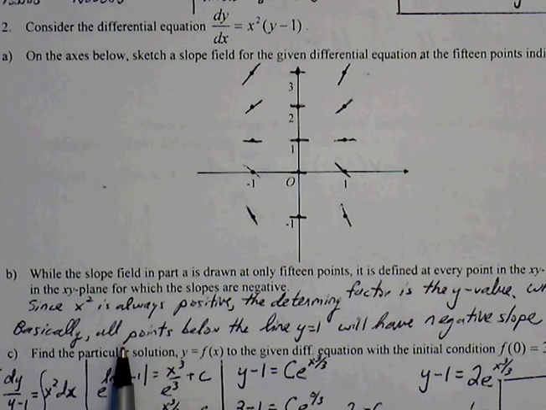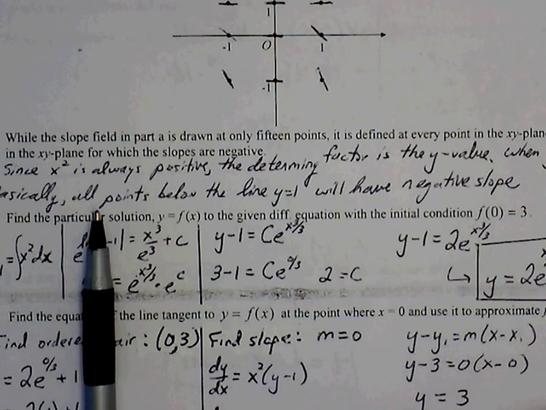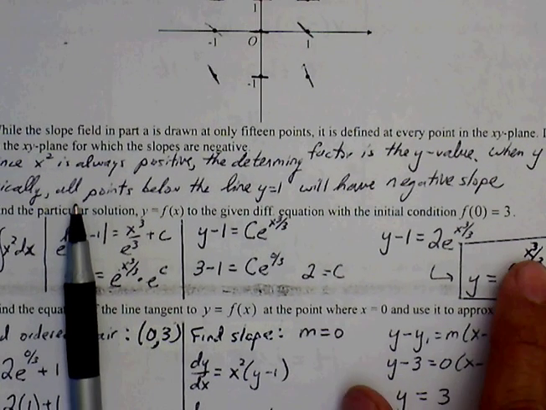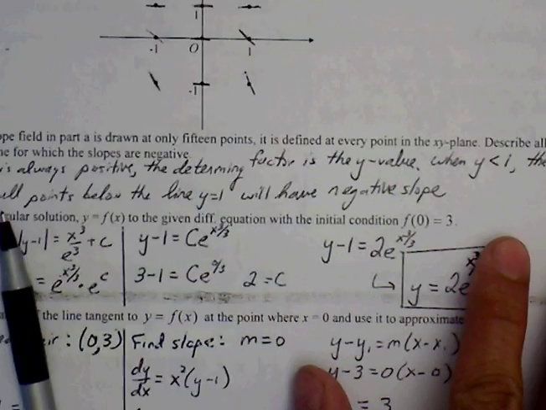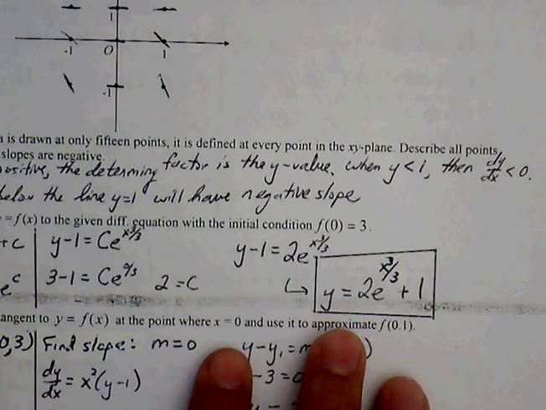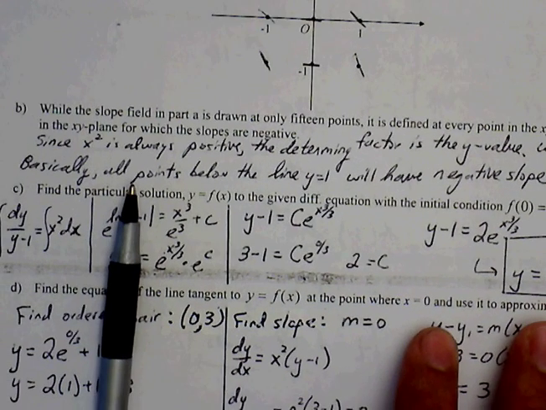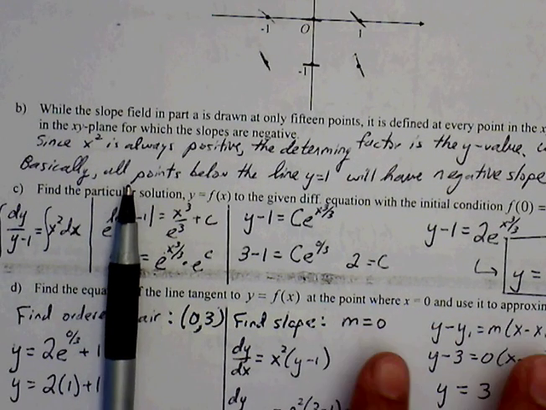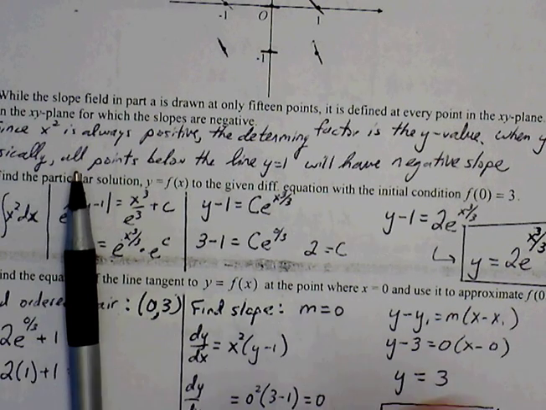So since x squared is always positive, the determining factor is the y value. When y is less than 1, then our derivative is less than 0. So basically, all the points below the line y equals 1 will have a negative slope.